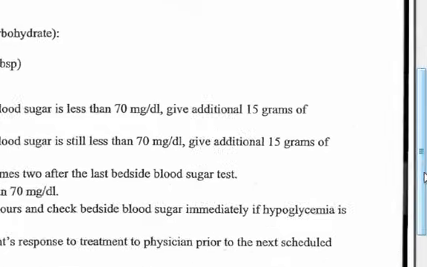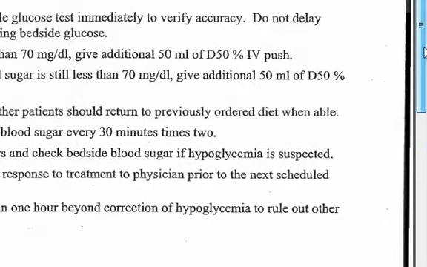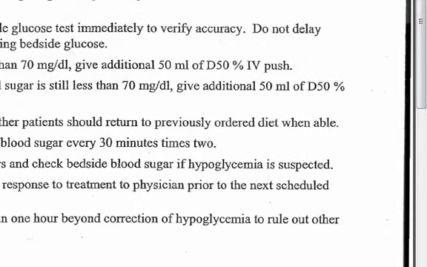However, if they are so hypoglycemic that they are not able to eat or swallow, you're going to be giving IV dextrose, D50, 50 milliliters of it. You can give glucagon 1 milligram IM as another option too. After that, basically, the protocol is pretty similar.